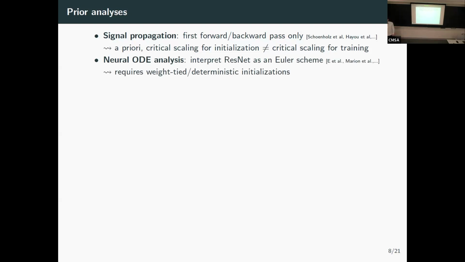There is also this viewpoint that sees ResNets as neural ODEs. If you look at this literature, it really consists in seeing the ResNet as a standard discretization of an ODE. But for this to be true, you need the same weights throughout layers, or at least weights which are the discretization of a regular Lipschitz function of depth. So this does not apply to standard ResNets.